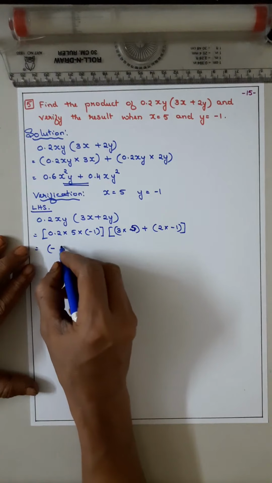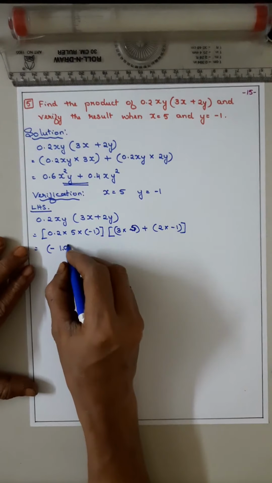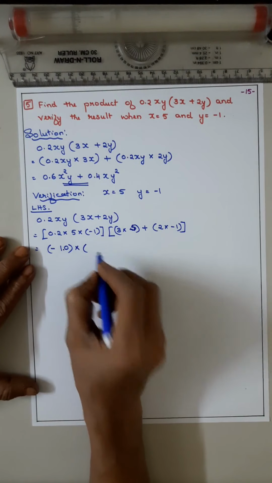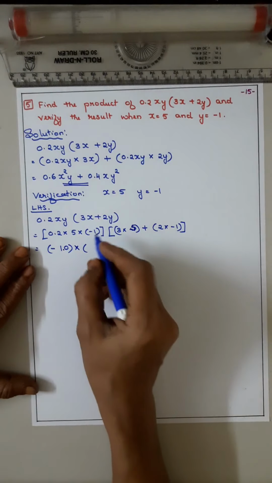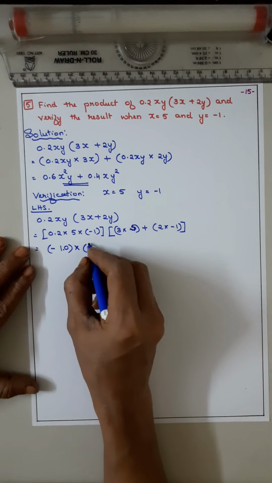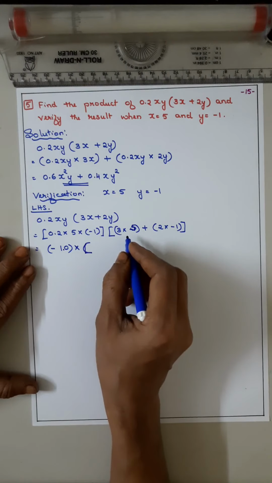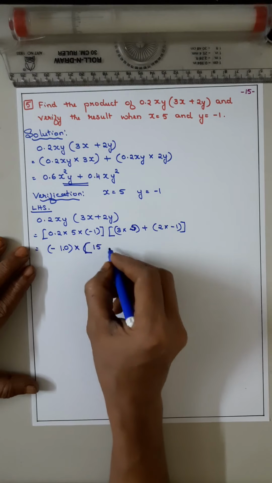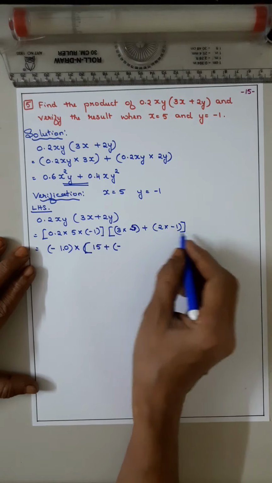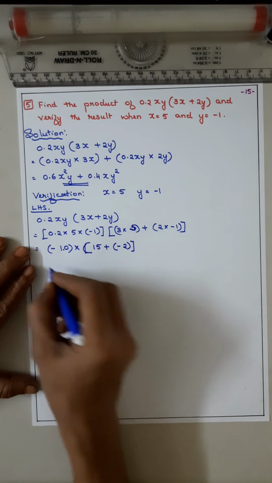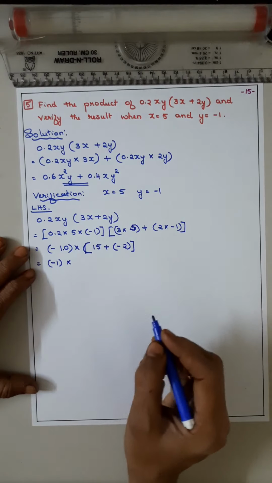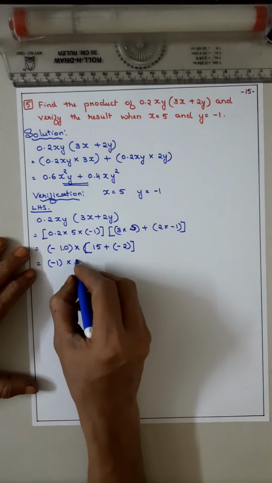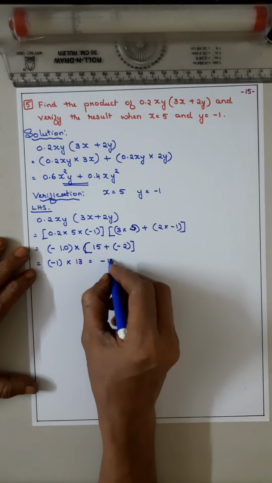Now 2 fives are 10 and 1 decimal, so it will be minus 1. Between the brackets the sign is multiplication. Now in the square bracket 3 fives are 15 plus minus 2. That means this becomes minus 1 into 15 minus 2 is 13. So the answer is minus 13.